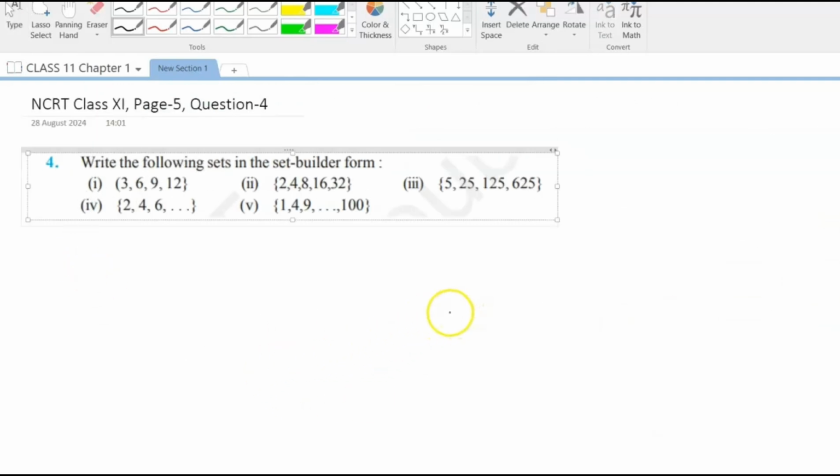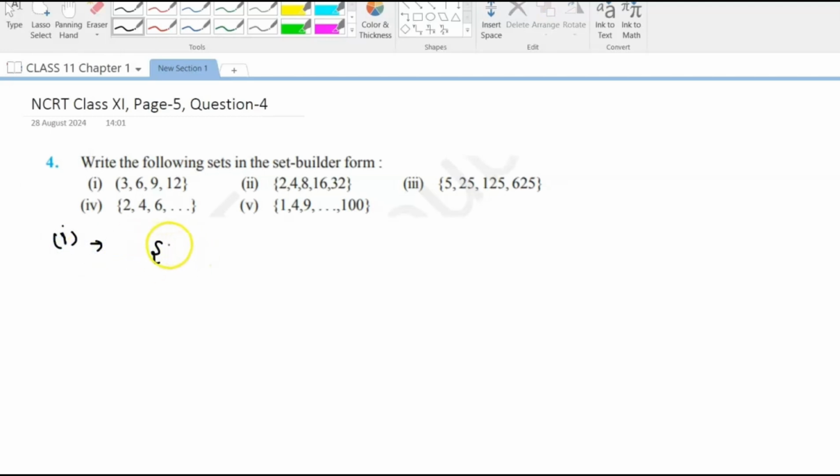Write the following sets in the set builder form. We have already discussed what a set builder form is in a previous video. So let's write this. In the first part, we have been given this set.